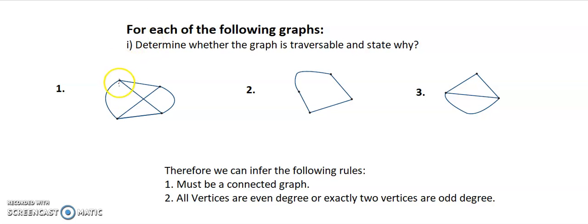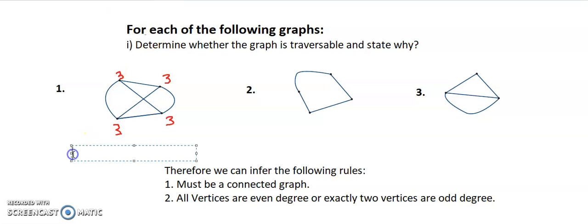So the first question here, I'm just going to look at how many degrees each of my vertices have. This vertex here has 3 degrees. This vertex here has 3 degrees, and all my vertices have 3.